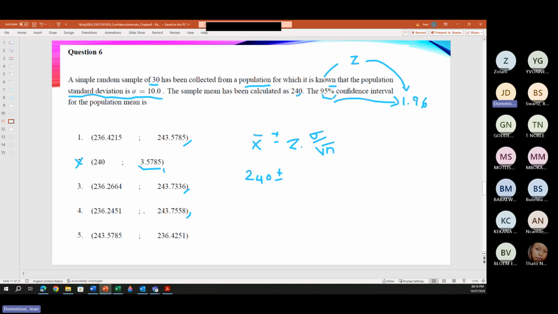So 240 in the middle, and then this one feels like it's swapped around. That feels like the upper, that's the lower, so we can't have that.